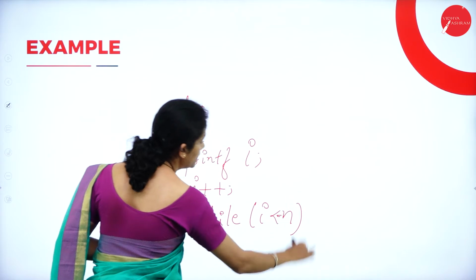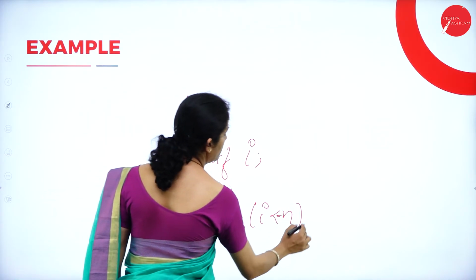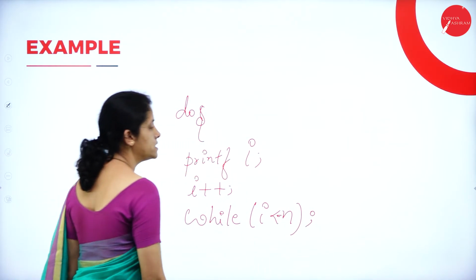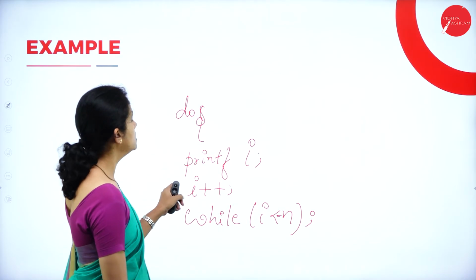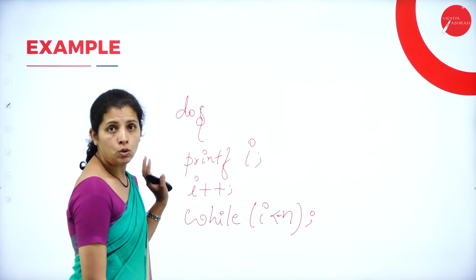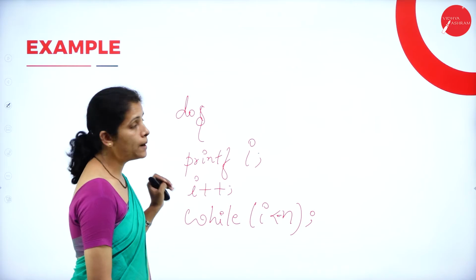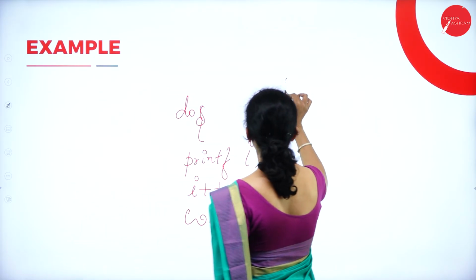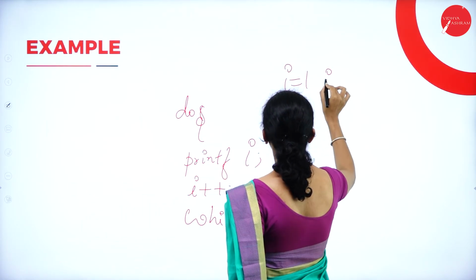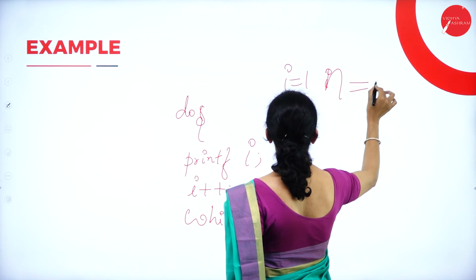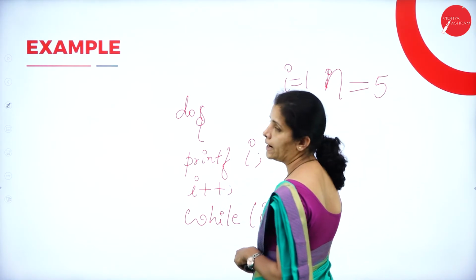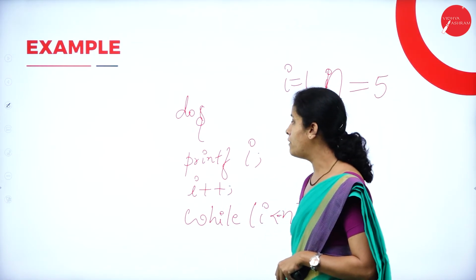Instead of that, I'll make it I less than or equal to n, and I want to place this semicolon. So this is the syntax to display natural numbers. Now think that I equal to 1 and n equal to 5.